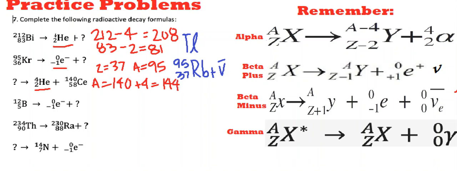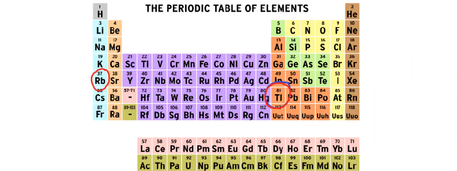Next, we must do Z equals 58 plus 2, which equals 60. If we look at the periodic table of elements, we see that neodymium, Nd, is the parent nucleus.